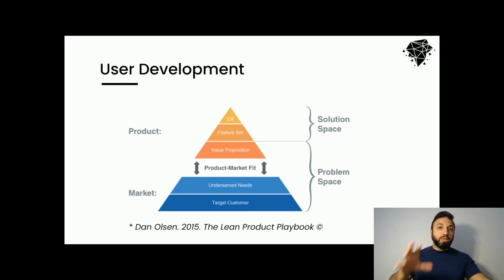But what I'm trying to refer to here is basically the problem space and the solution space. Usually in product development, there is the market with a certain specific problem, and there is the product that offers a certain solution, right? And with this, you start usually with the target customer, okay? And again, customer and user are not the same thing, right?